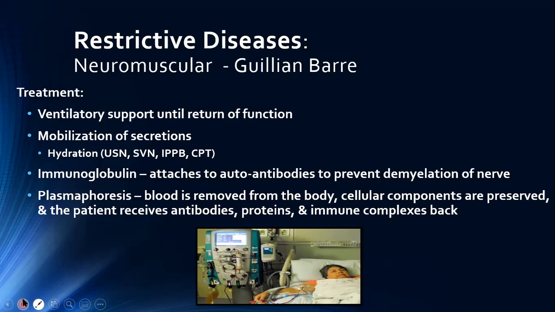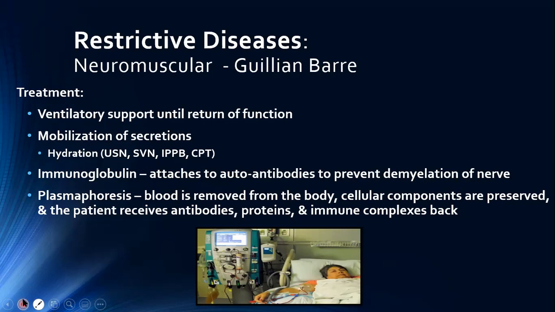So how do we treat Guillain-Barre? Put them on a ventilator until the return of function, because Guillain-Barre goes from the ground to the brain, right? So once it passes your lungs and goes on up to the head, the myelin and everything starts to get back healthy, okay? They start to return to function. And so you'll be on the ventilator until you can breathe on your own again.